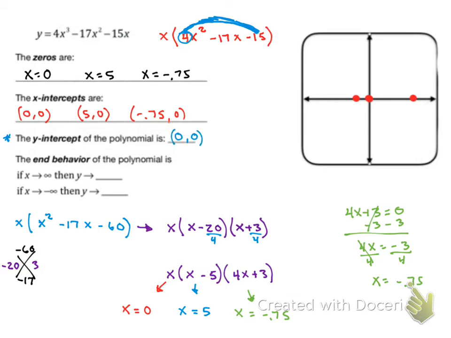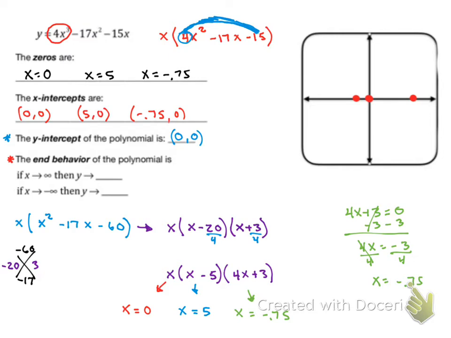And now end behavior. So we're looking at this term here. Our leading exponent is 3, which is odd, which means our endpoints are going in different directions. One's going up, one's going down.